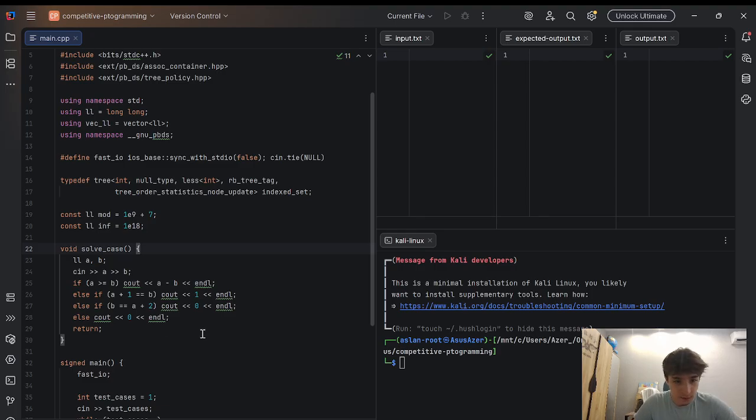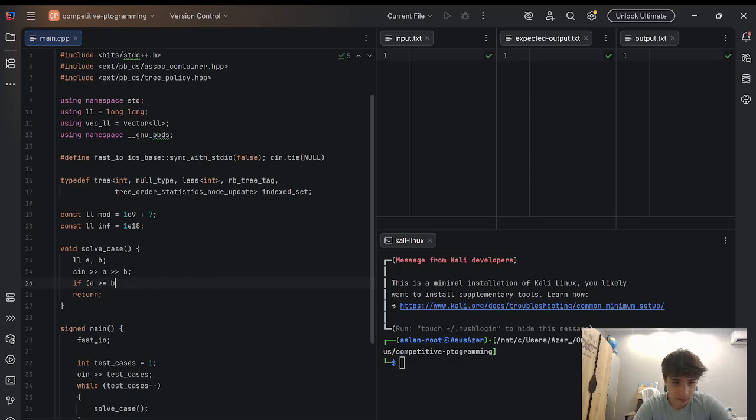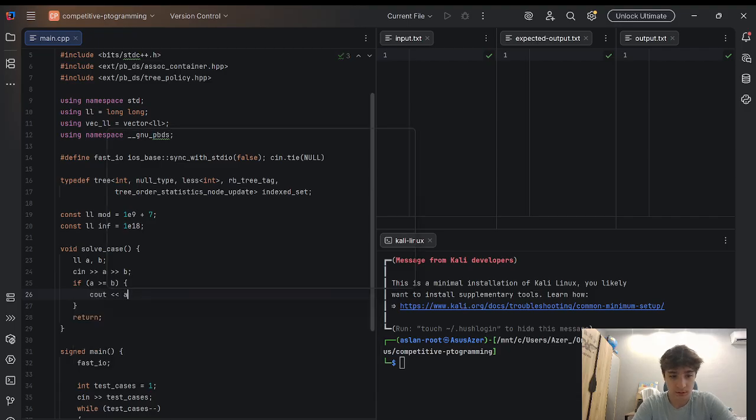The next thing, I delete all this, like if they would be equal to each other. Now I do if b is greater than a, cout a minus b.